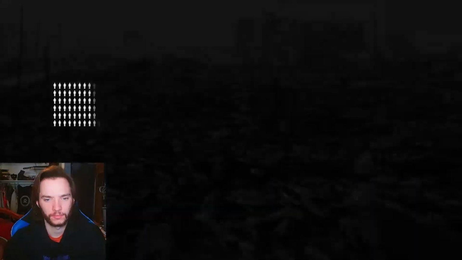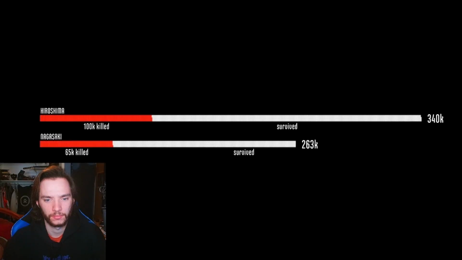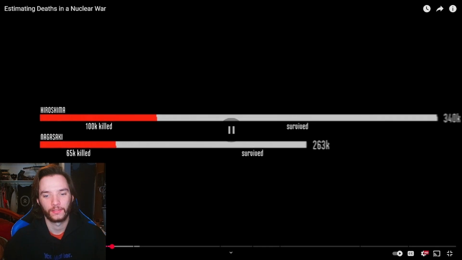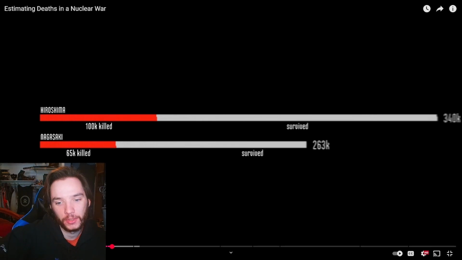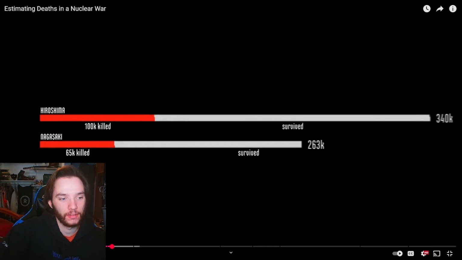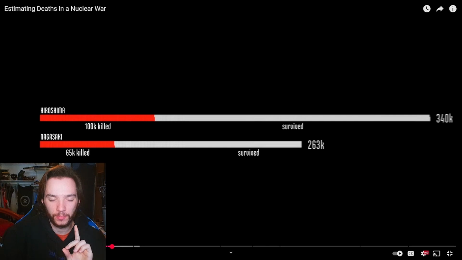About a third of the population of both cities were killed. 90% of deaths occurred within... See, that's the crucial statistic. We're seeing the number killed, right? And that is a good number to know. But the most important thing there is the percentage of the total population that were killed. And that paints a much clearer picture of the scale of a nuclear bomb.